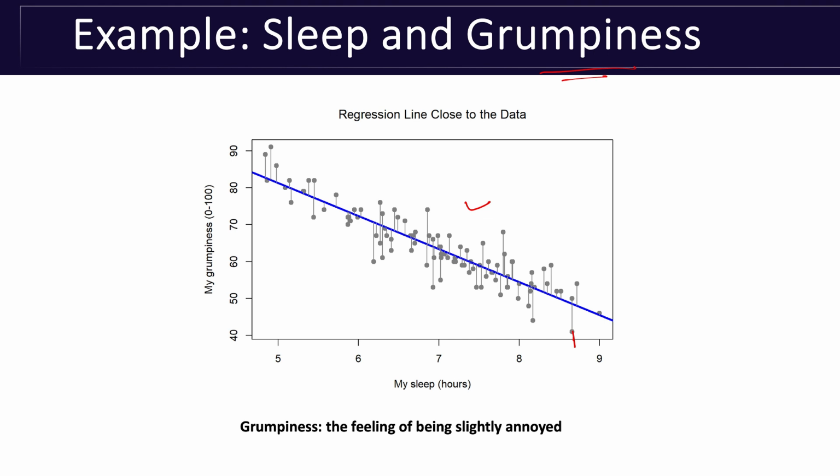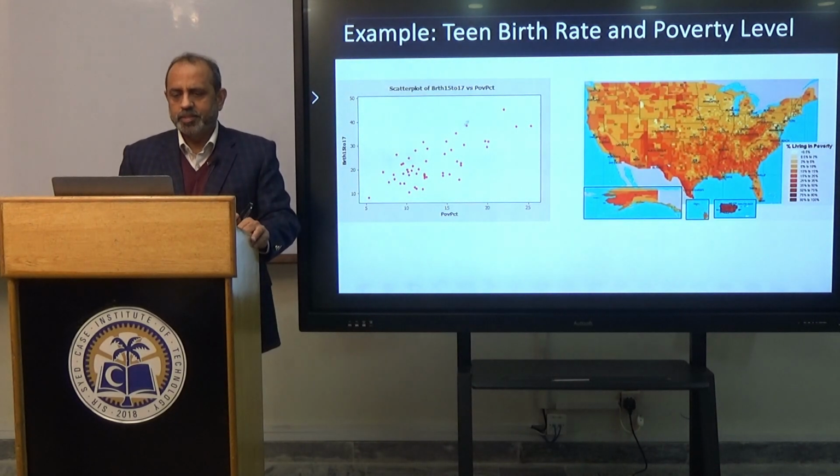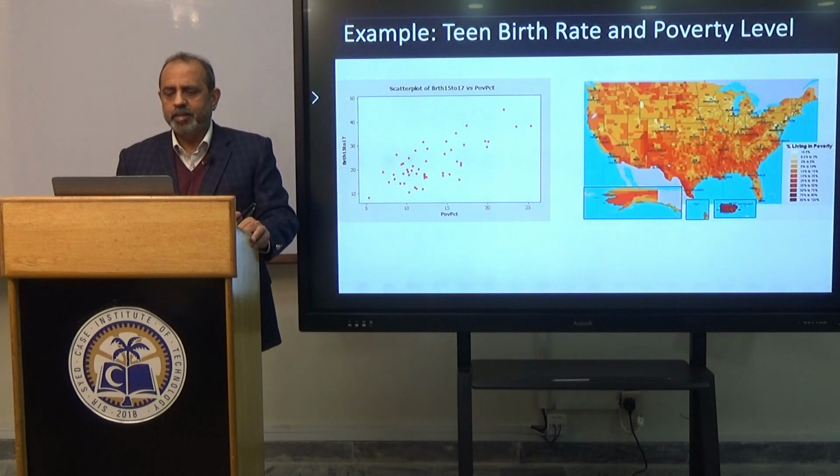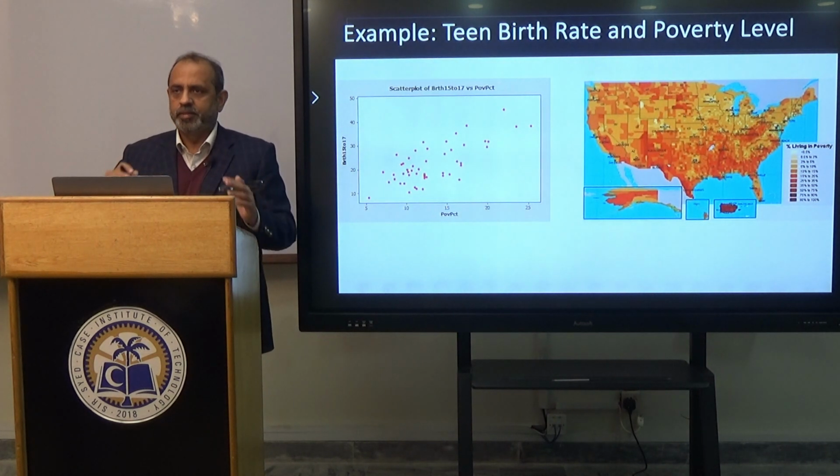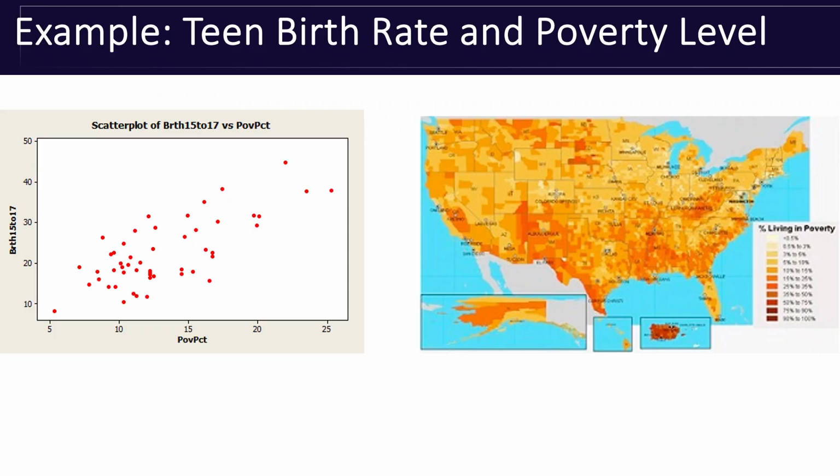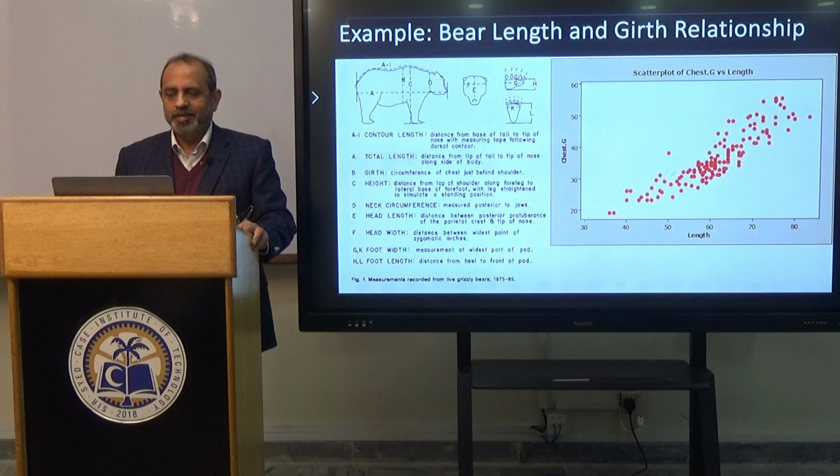There is also very interesting real data again: the teen birth rate and poverty level in America, like girls of age 15, 16, 17 having a child, relates to the poverty level in America, where they actually live and how much money they make. People who are busy doing other things, you don't find them having a high birth rate in those areas.